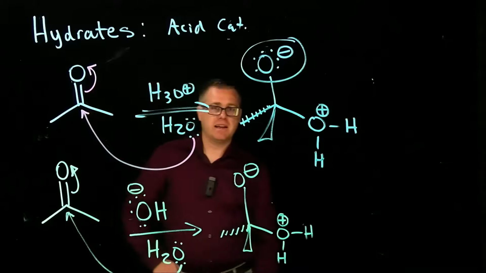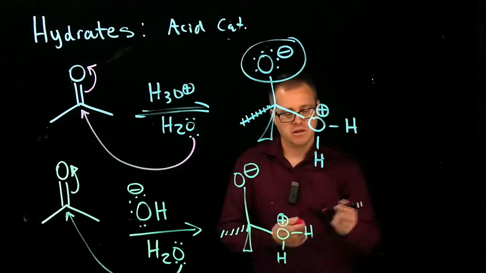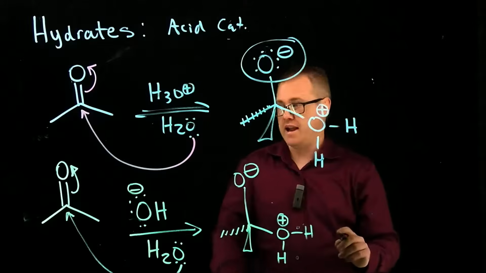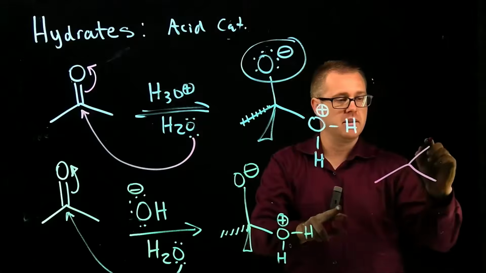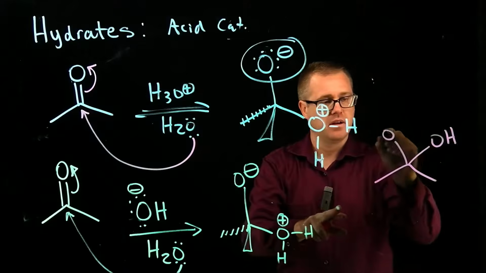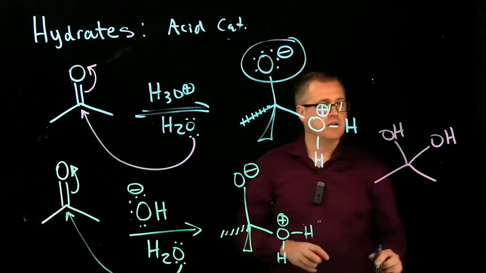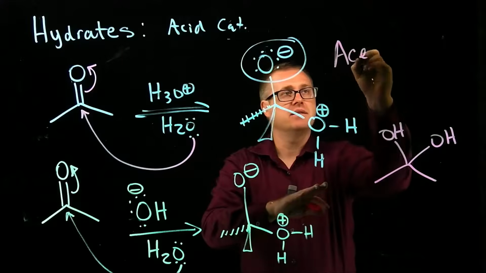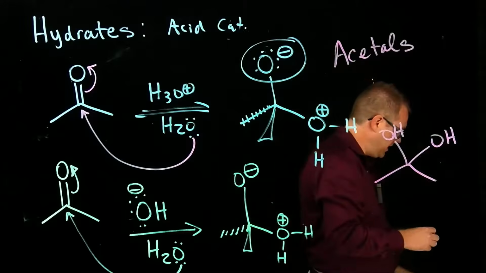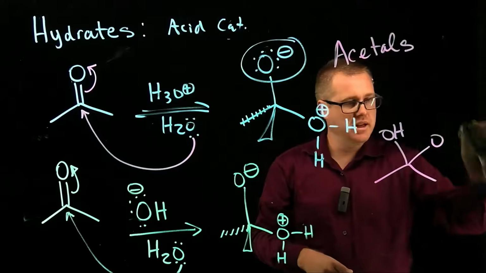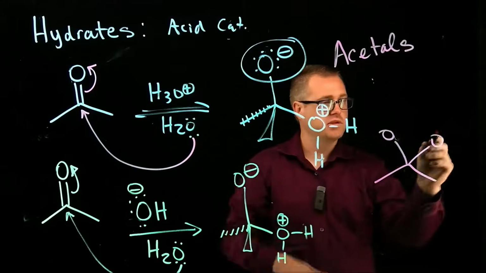Okay, the next reaction that we're going to look at is very similar. So right now, what we've just learned with the hydrates, we have something that looks like this, right? There's our hydrate. The next reaction that we're going to look at is something called acetals. And acetals are simply, you just replace these hydrogens with R groups.